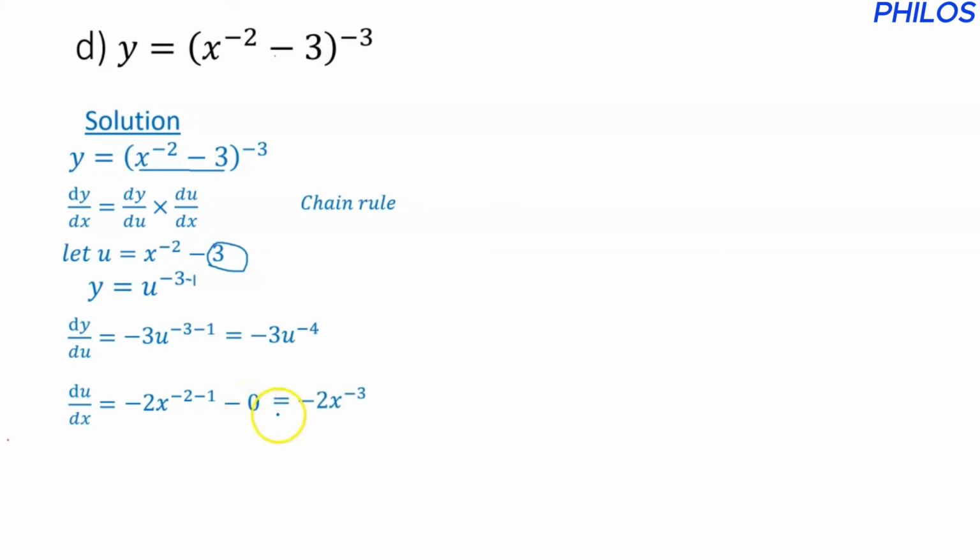So now we know dy over du and we also know du over dx. So we can now multiply the two to get dy over dx. So our dy over dx will be equal to, what was dy du? It was negative 3 u exponent negative 4, so we substitute it there.